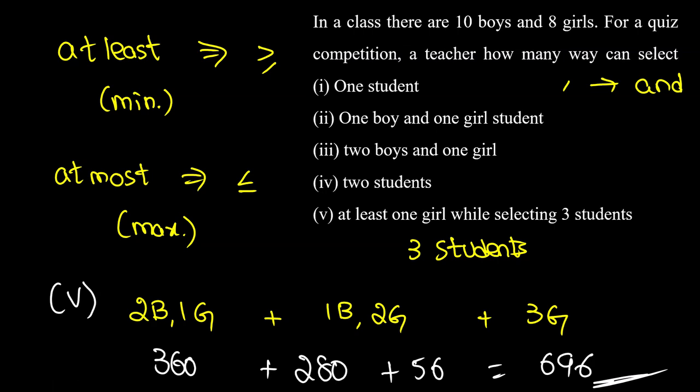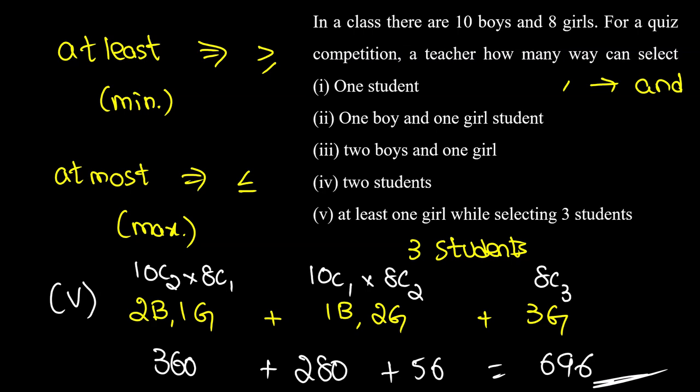Calculations, that's what you need to be clear about. 8C3, we took as an example already. 8C3 means 56. 8 girls, we need to select 3 girls. Here, 10C1 into 8C2. 8C2 means 28, 28 into 10, 280. This we already solved just now: 10C2 into 8C1, that's the third question. 8C3 means 8 into 7 into 6 divided by 3 factorial, finally 56. 696 is what?